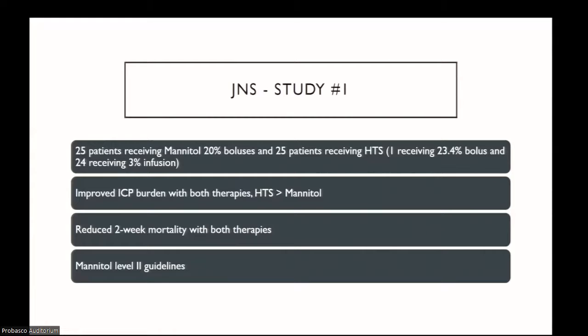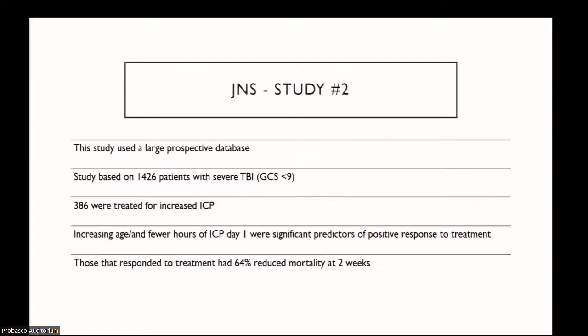So basically the conclusion is that with adherence to the guidelines published by the Brain Trauma Foundation, there is a significant reduction in mortality rates associated with the use of hyperosmolar therapy, and mannitol has level 2 evidence in TBI and increased ICP, but hypertonic saline is kind of viewed more these days as a superior therapy.